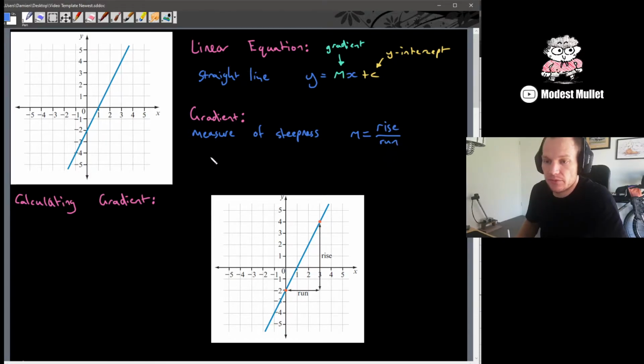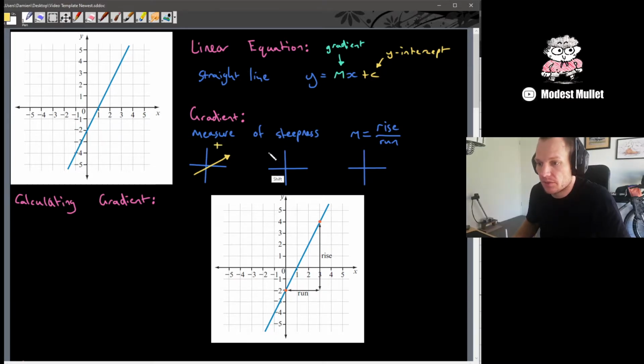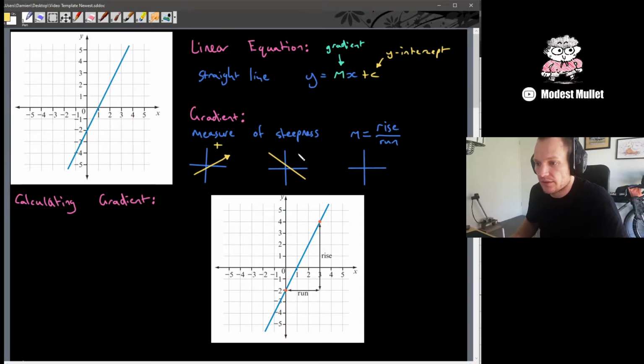And as I said before, if I just do little axes to demonstrate, okay, if my line is going up as it goes to the right, that is considered a positive gradient. If my line is going down to the right, that is considered a negative gradient. And then if my line is going straight across, that is considered a 0 gradient.